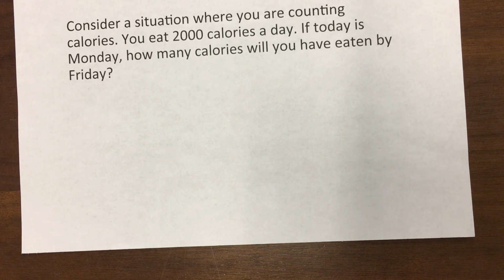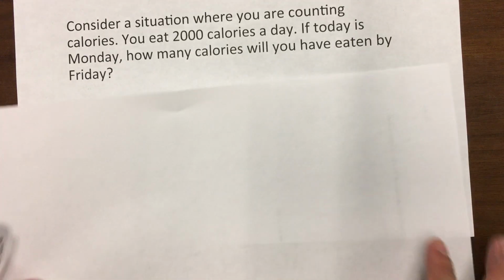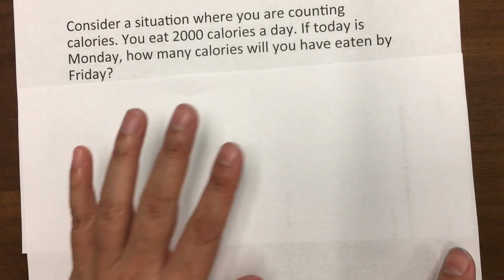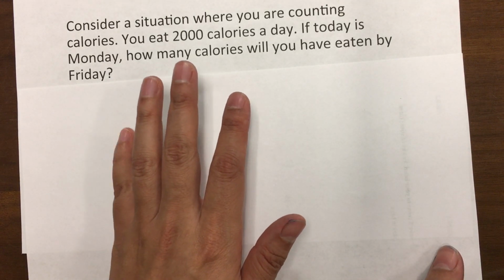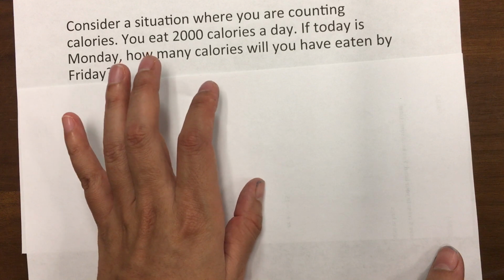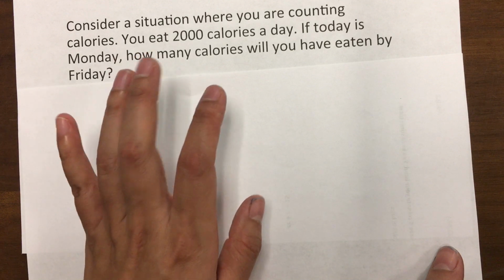It says, consider a situation where you are counting calories. You eat 2,000 calories a day. If today is Monday, how many calories will you have eaten by Friday? Okay, so if today is Monday, Tuesday, Wednesday, Thursday, Friday, that means that you can just keep adding.